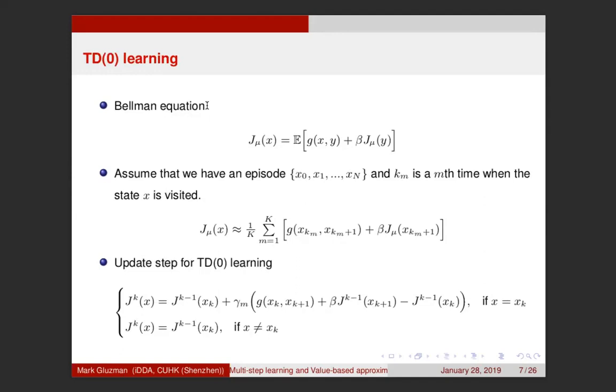So it's very important to have a good estimation of the G function in the previous step.